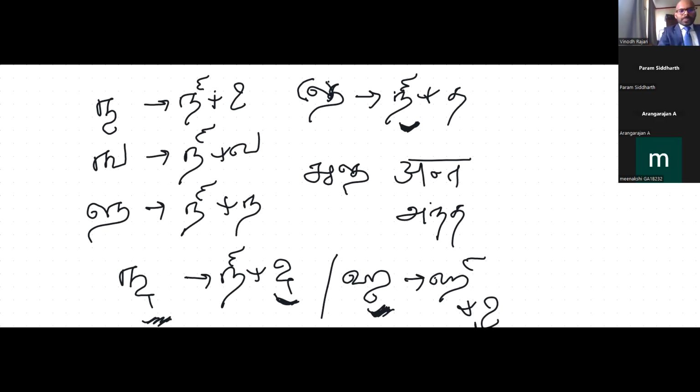But when r comes before a consonant, right, it's written after it. And that's the only quirky thing of Grantha, right? If you know Devanagari, you know that this is arka, right? You write the r on top of the character.